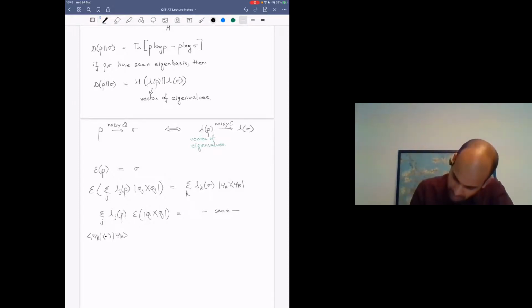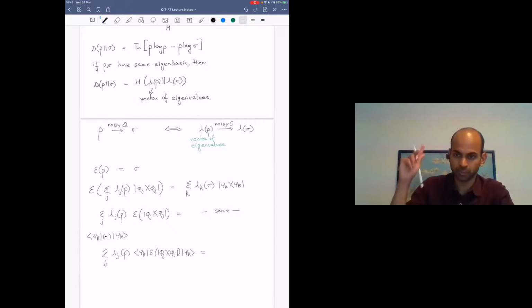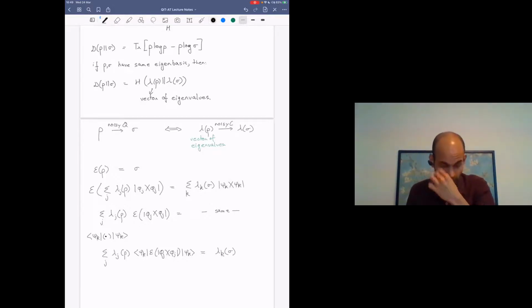What I get in the end is the sum over J of psi k, the map acting on phi J, psi k, is equal to, on the other side, because I've chosen one of the eigenstates, it picks out exactly that eigenstate, because the scalar product with the other eigenstates is going to be 0. Remember that when we write a density matrix in the diagonal basis, the eigenstates are always orthonormal to each other.